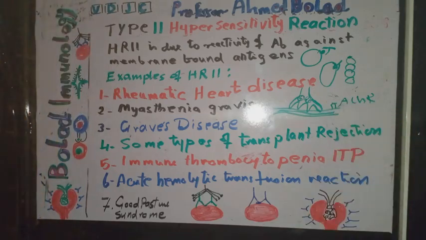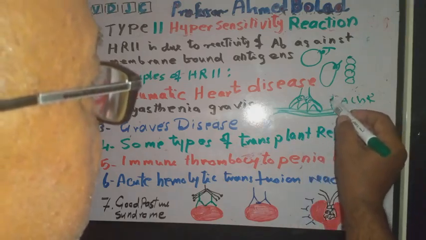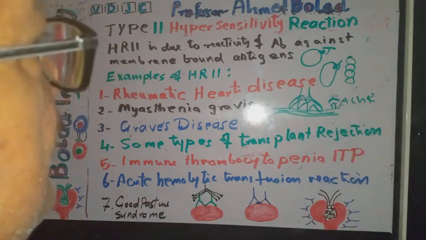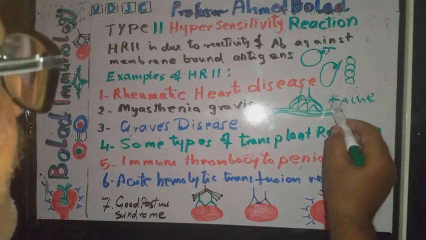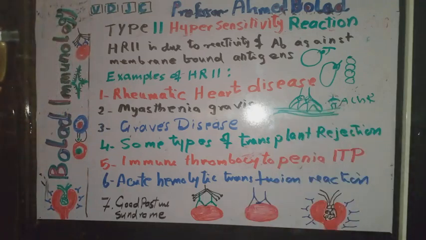However, in some instances, the individual may upregulate antibodies against the acetylcholine receptors. They sit here and interfere with the acetylcholine, and they may lead to temporal paralysis.